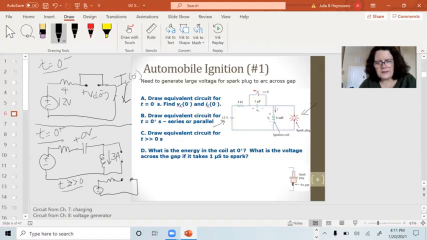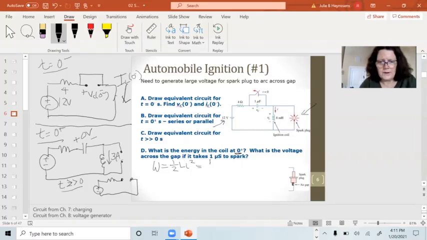The energy in the coil in this inductor at 0 plus. Well, energy for an inductor, we learned this in 188, is 1/2 Li squared. And at 0 plus, I can look at my circuit diagram, it's 3 amps.